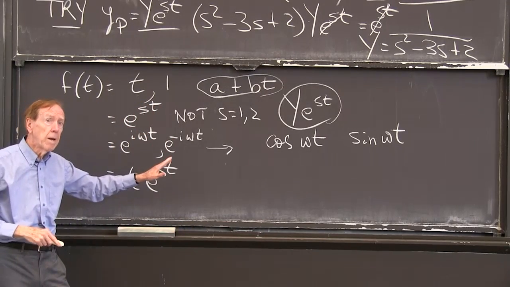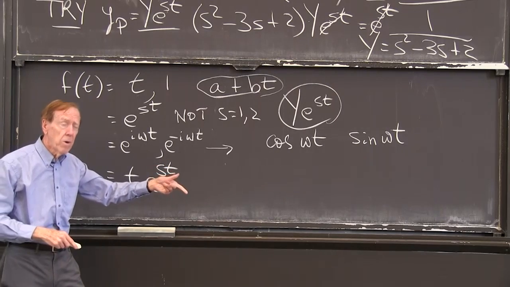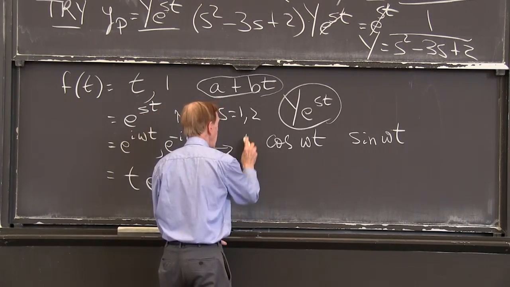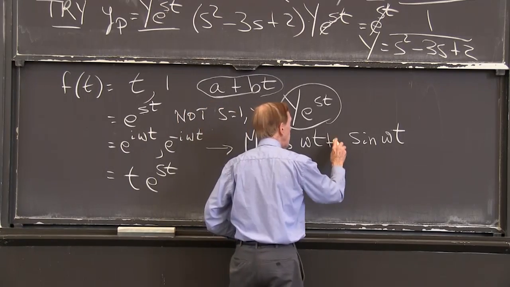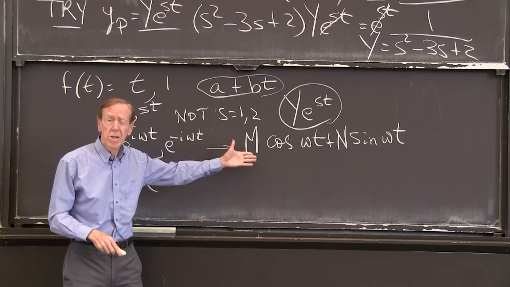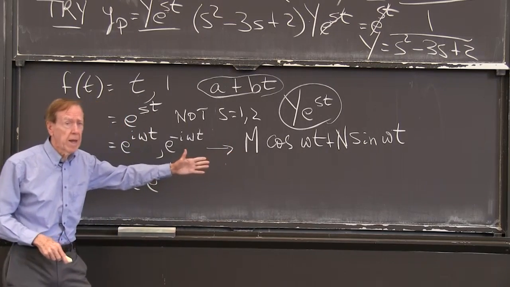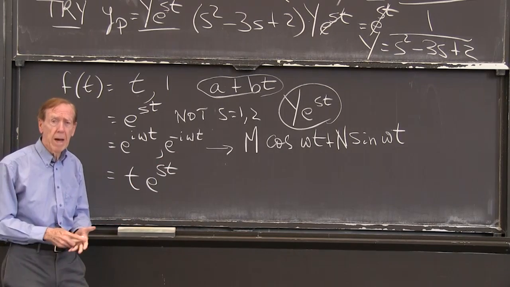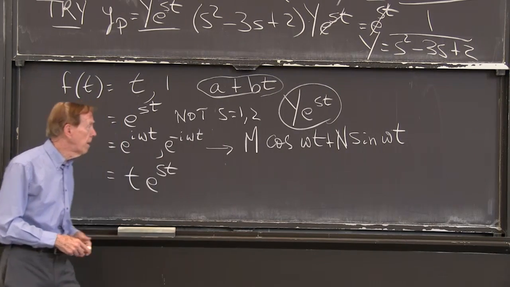If I have cosine, I need the sine there also. So I'll have to allow a combination of those, say m of this plus n of that. If I tried to do cosines alone, I would be in danger of taking the derivative, getting a sine, and having nothing to match. So I'll take that.